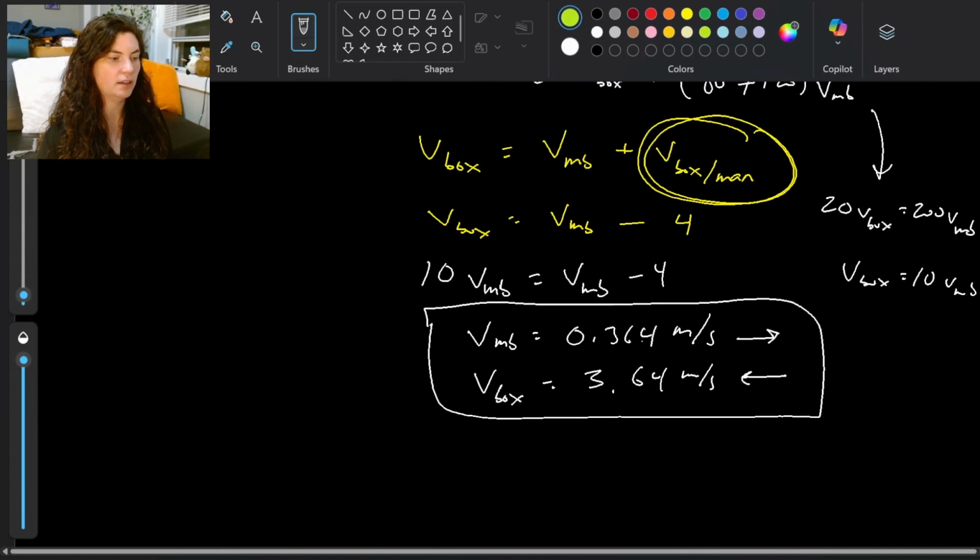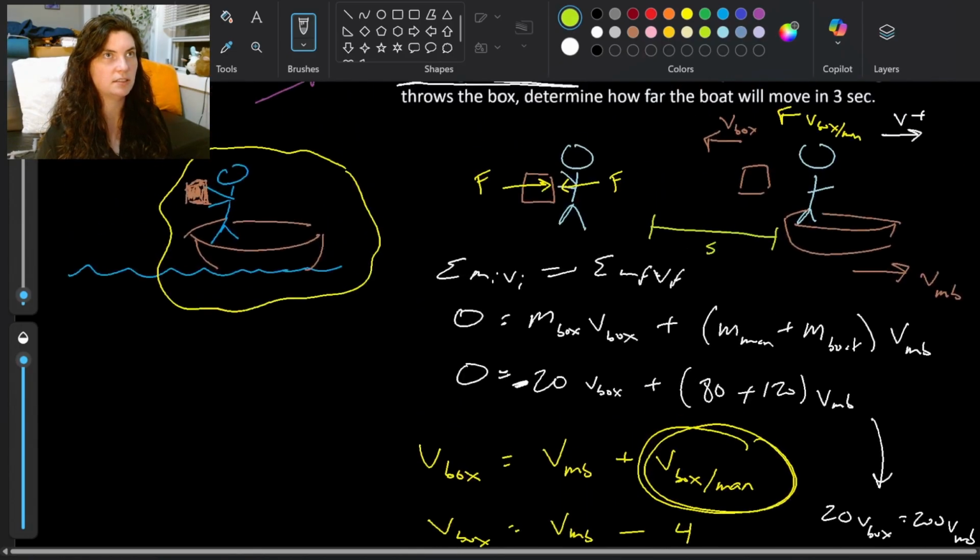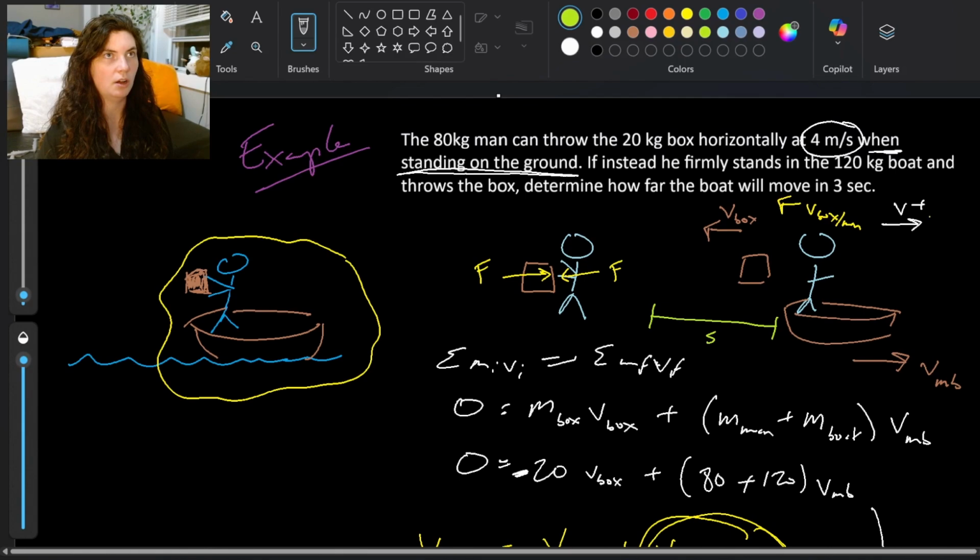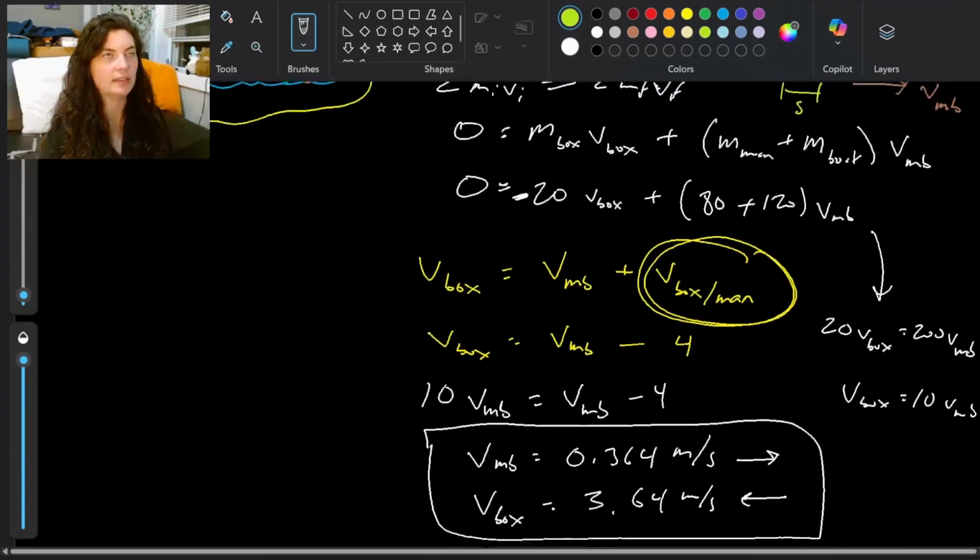So the distance, oh, not my box, my boat, sorry. I want the distance my boat moves, not my box. But again, we'll still assume constant velocity for this boat floating away. How far, what's that distance s that it moves?